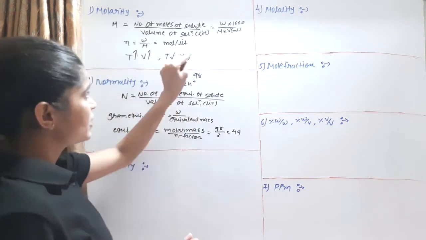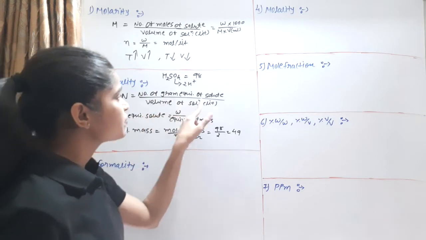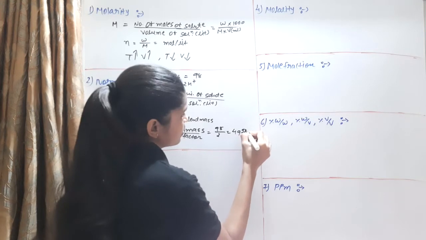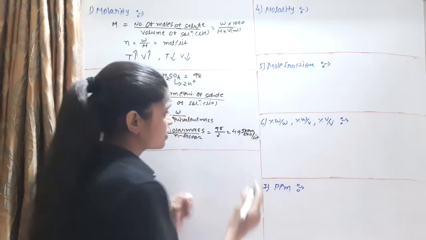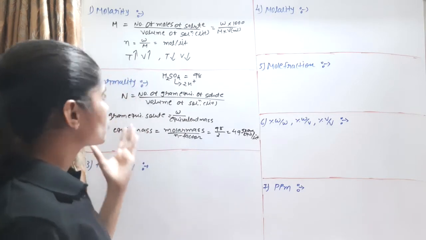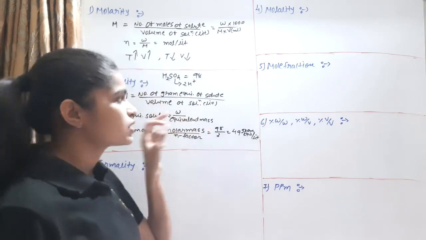What is the unit of normality? In molarity, the unit is mole per liter, but the normality unit is gram equivalent per liter. Then the next factor is temperature. This is also temperature dependent because the volume of solution is used.